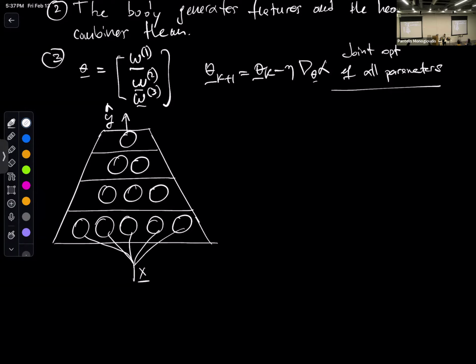Now, we call it fully connected because each of these neurons is connected to all the inputs of the neurons above them. Now, I'm not going to draw the whole thing, of course, but you can get the idea. At some point, the body delivers whatever features, also called representations, have been built to the head, and the head combines them in order to form whatever task it is to be formed.